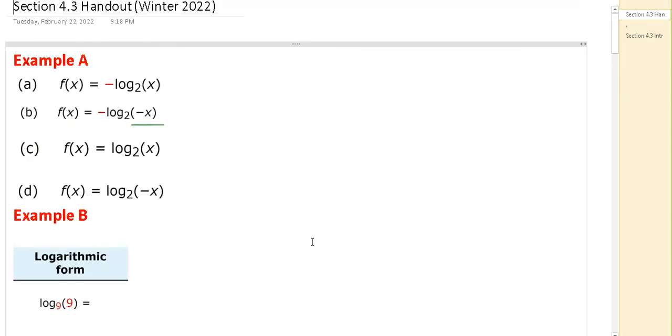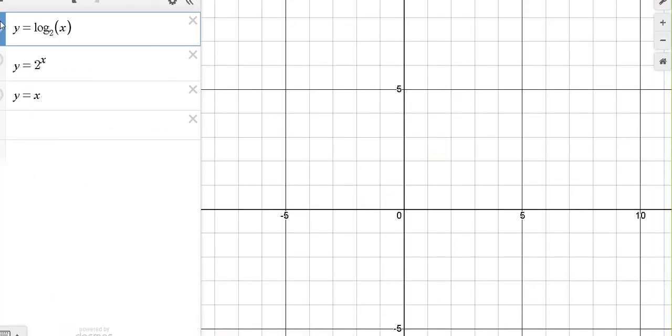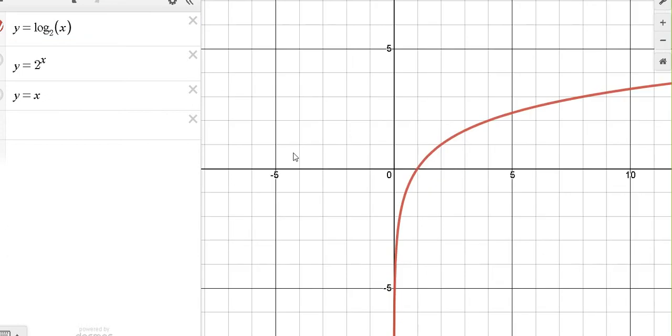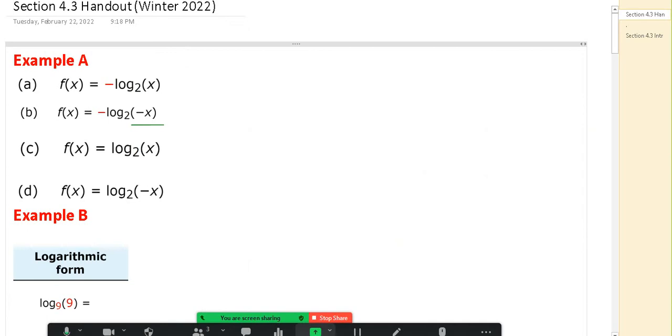Okay, let's play around a little bit with the graph of the log and see if we can work our way through some of these examples. I think in WebAssign they're going to give you the graph of all these different functions and ask you to match them up. So we're going to start with log base 2 already graphed. Let's see if we can predict some of the shapes when we look at these other things.